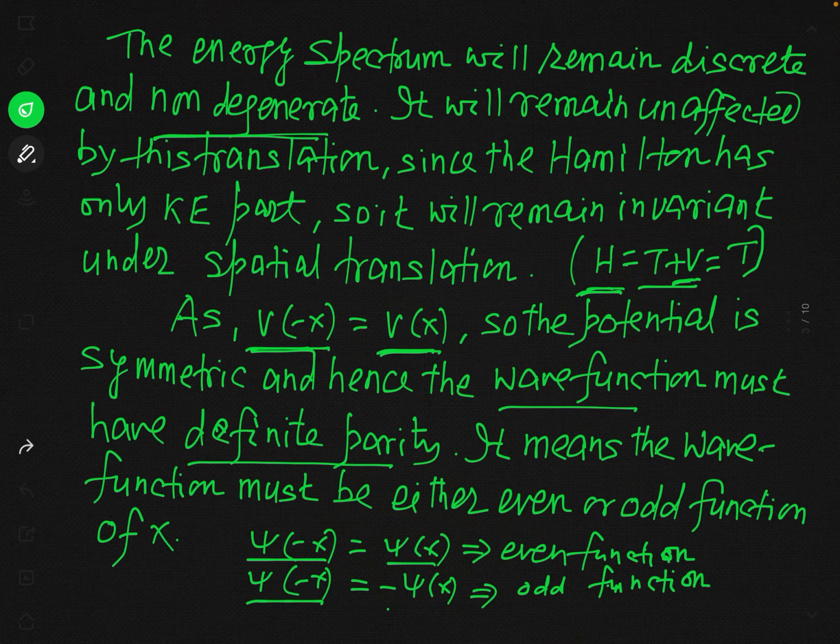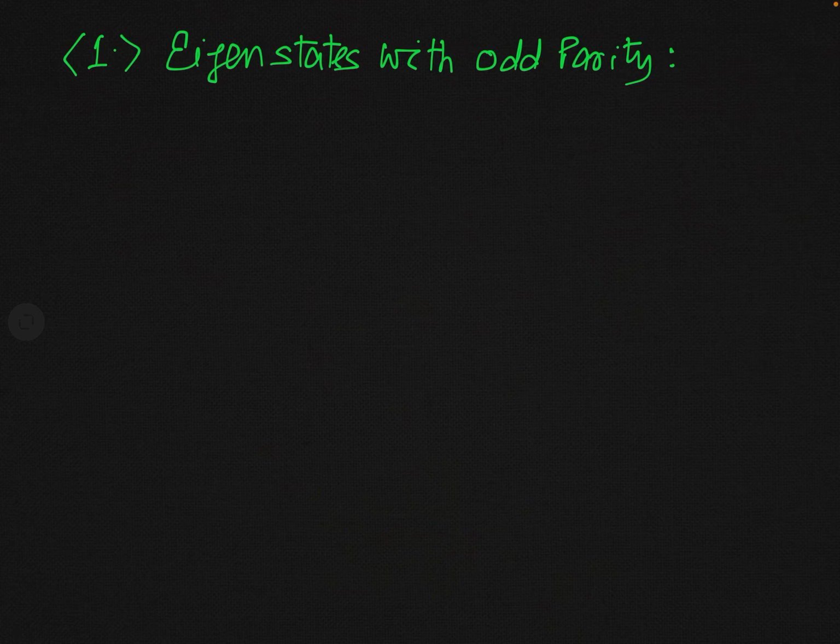We will write the expression for the eigenfunction on the basis of the problem of the asymmetric potential well, in case of even and odd parity. So now let us first discuss the eigenstates with odd parity.